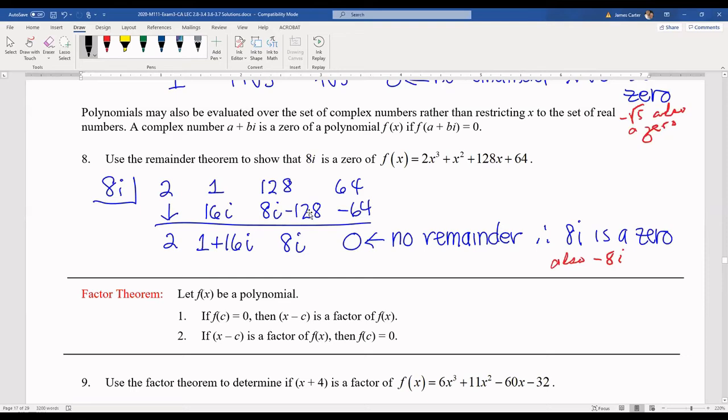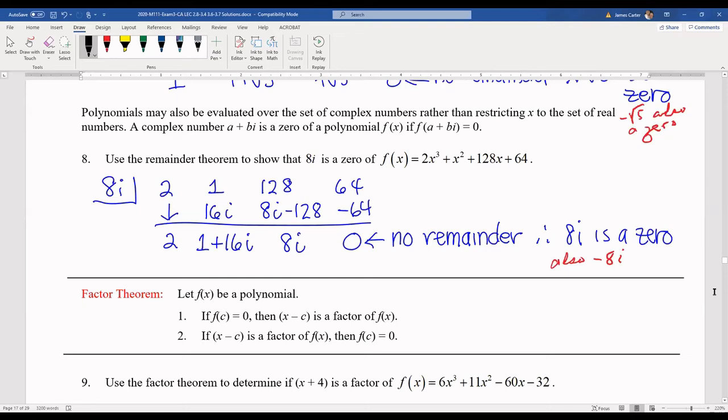Multiply by distribution. We subtract the real numbers, leaving 8i. Multiply, negative i squared, we get 64i squared, and i squared is equal to negative 1, so negative 64, and a 0 remainder. Therefore, 8i is a 0. Also, negative 8i is a 0.